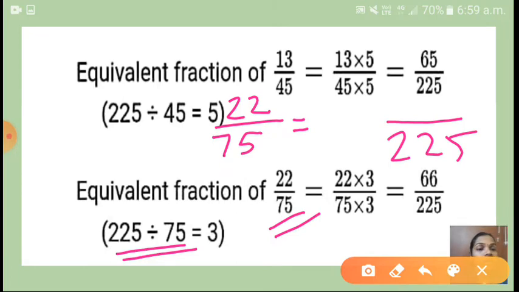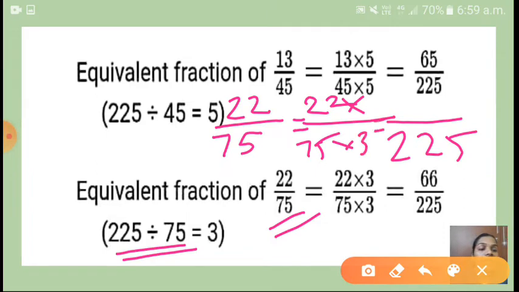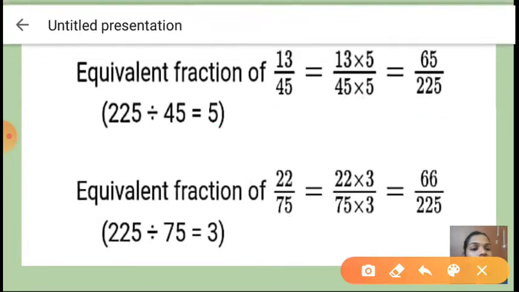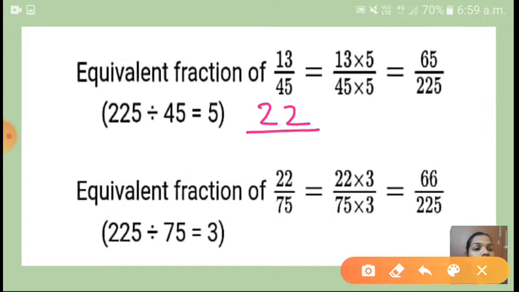Okay children. So see here 22 upon 75 into 3. So 75 into 3 is equal to 225. So numerator also you have to multiply with the same number, the same 3.